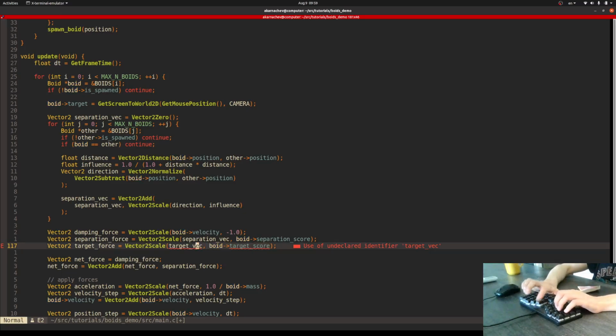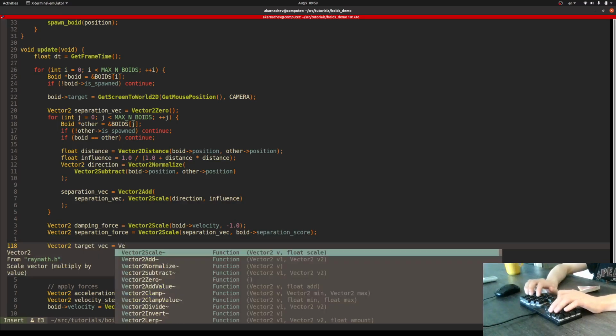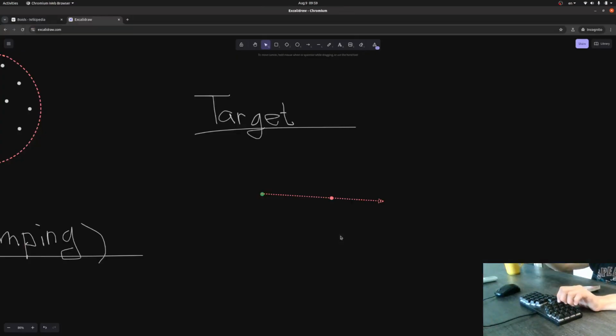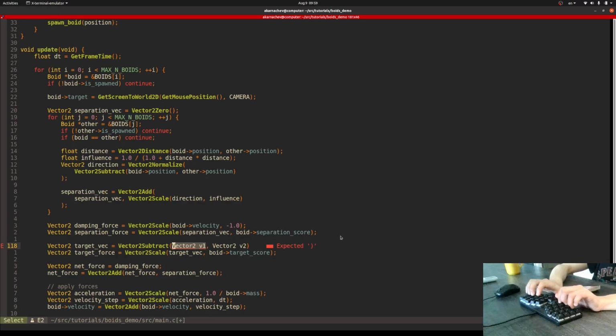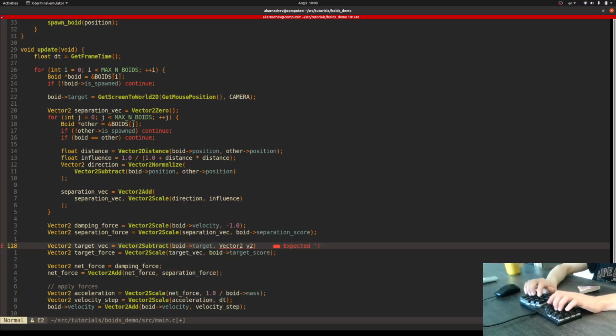And target vec is simply vector 2 subtract, we want to subtract from target the Boid position.